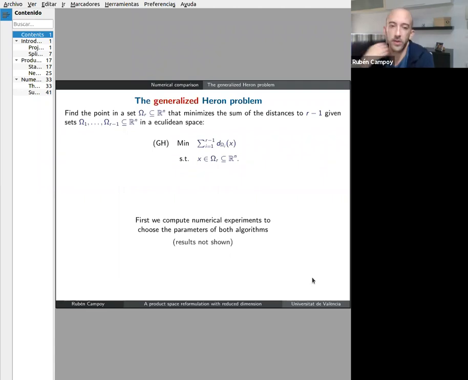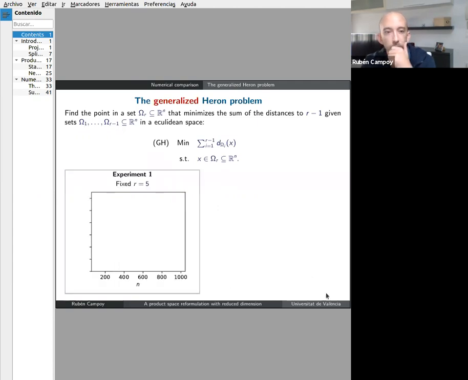First thing is computing some numerical experiments in order to tune the parameters of the algorithms, but I won't show these results. I will go directly to the comparison. So the first experiment, we fix the number of operators to 5. So we have the ball and 4 squares, but we will move the dimension of the space.